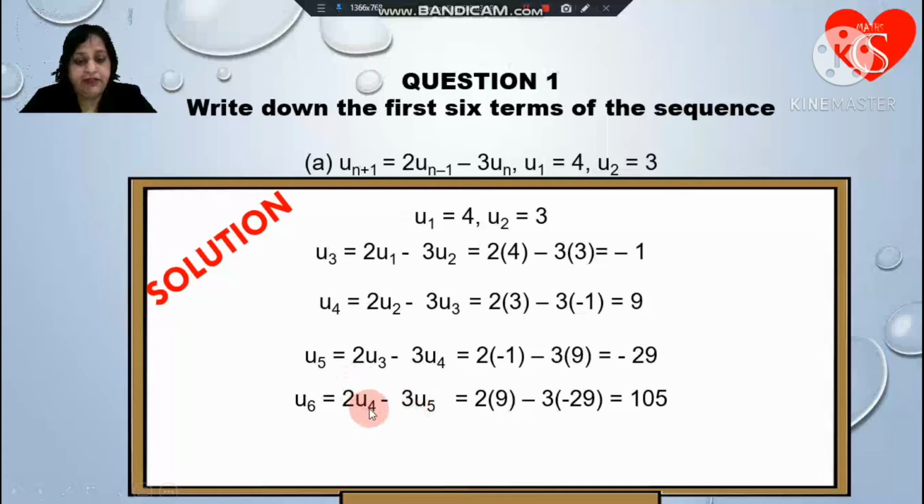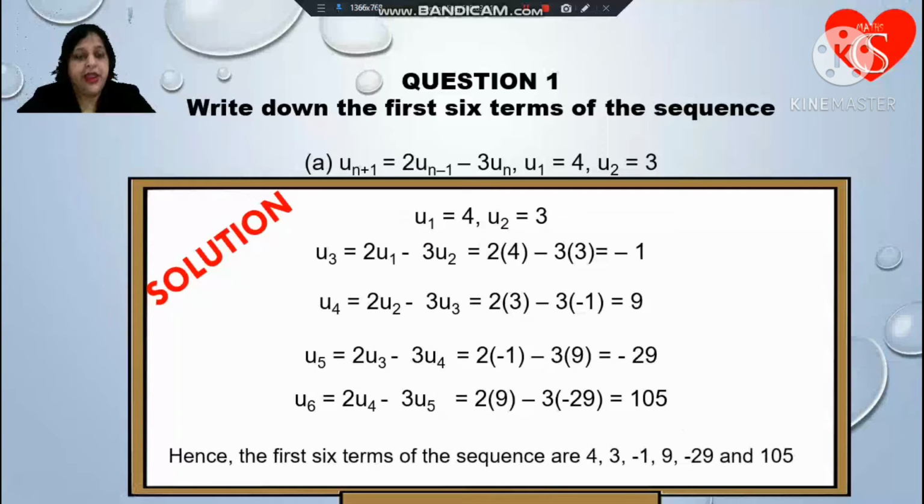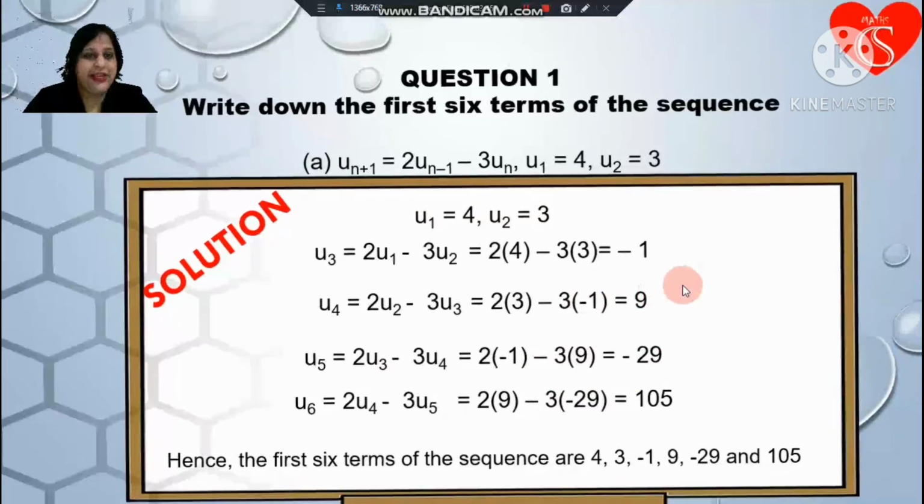Put in the values of u4 and u5 respectively to obtain the value of the sixth term as 104, and write a conclusion here. Hence the first 6 terms of the sequence are 4, 3, negative 1, 9, negative 29, and 105. Let's go on to the second question.